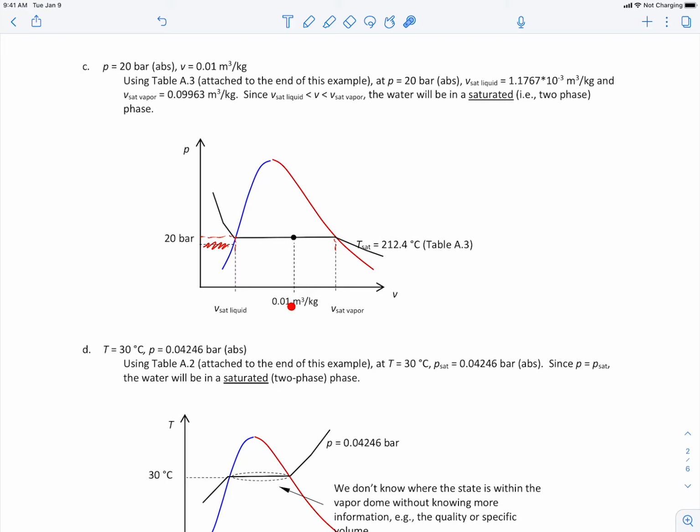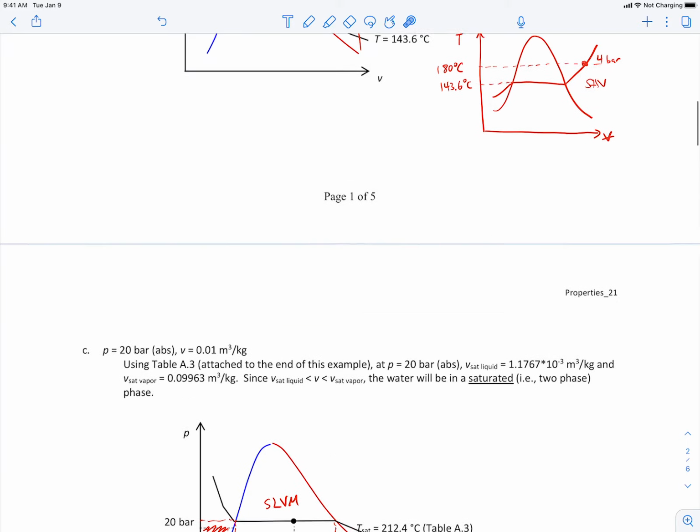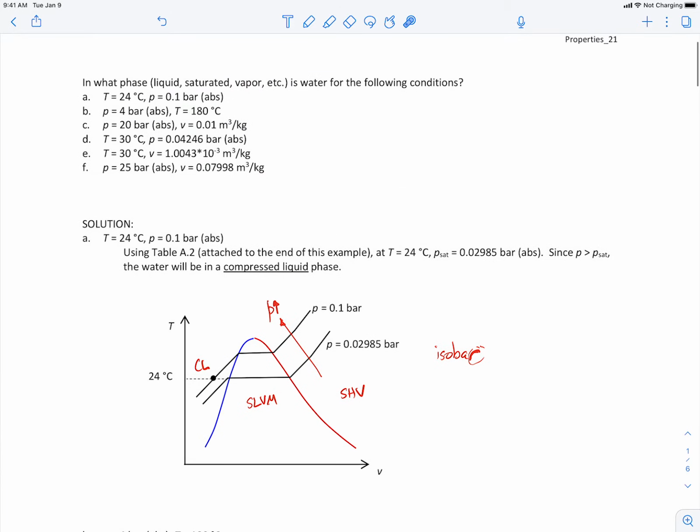And then our 0.01 is somewhere in between there, so I'll just draw it right here. So that's where we are. We're in a saturated liquid vapor mixture, or this two-phase saturated state. That's the phase that we're in. Okay? Let's move on to D. Case D is a temperature of 30 degrees C, and a pressure of 0.04246.